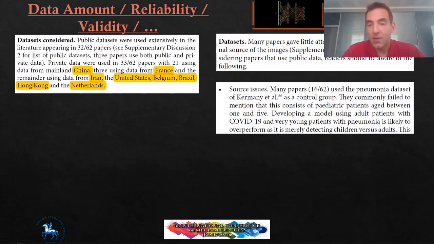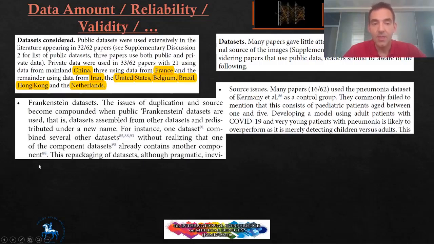So developing a model using adult patients with COVID-19 and very young patients with pneumonia is likely to overperform as it is merely detecting children versus adults. So what it is doing is just differentiating children and adults rather than specific sickness detection.